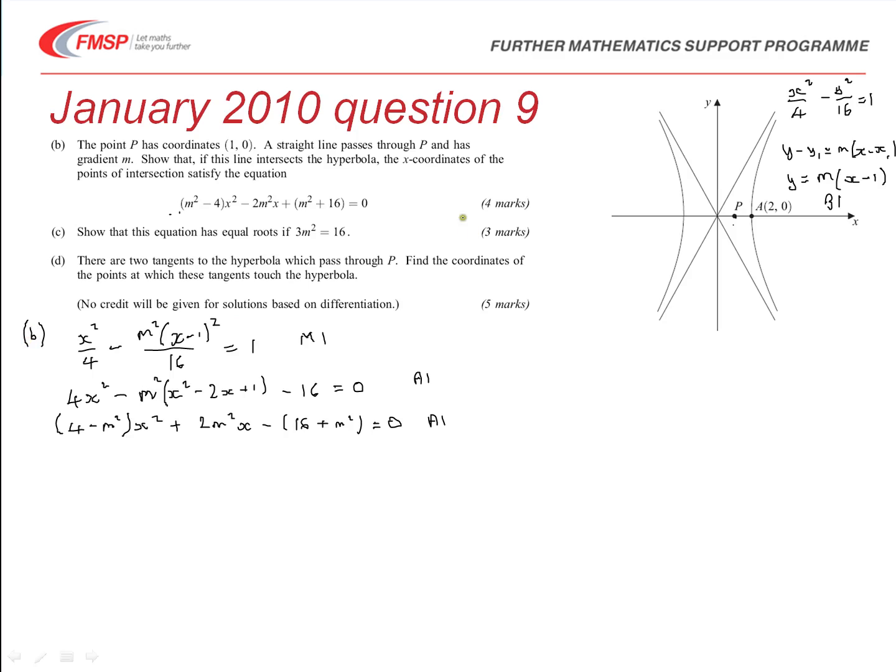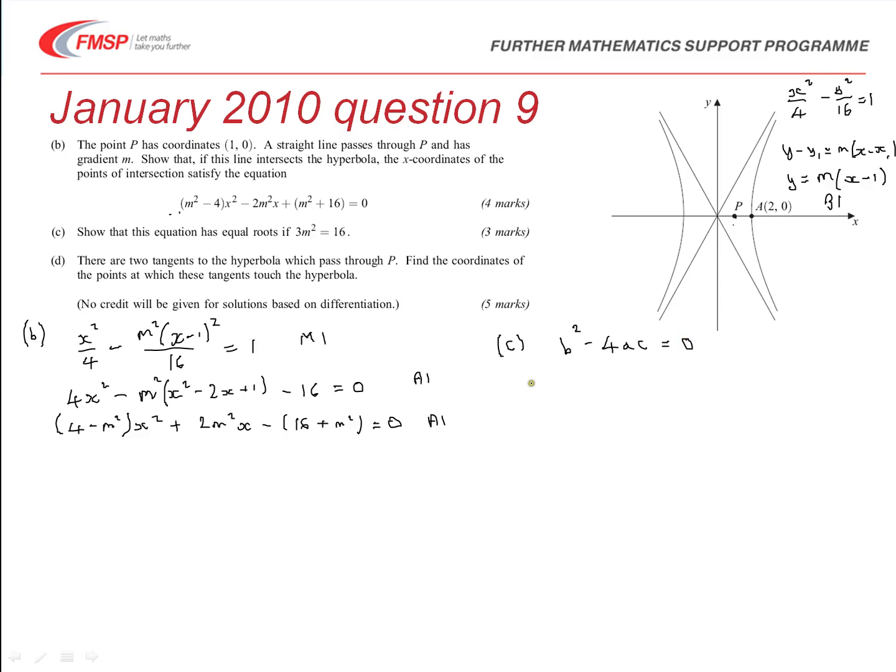So part C, we've got to show this equation has equal roots for a particular condition. So in part C, we have a quadratic from part B. We know that for equal roots, b squared minus 4ac has to equal 0.